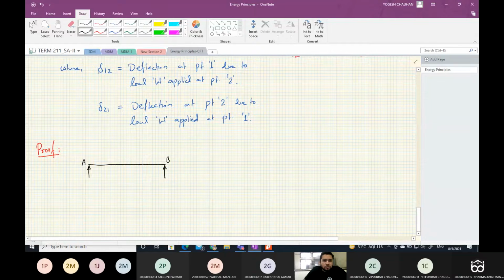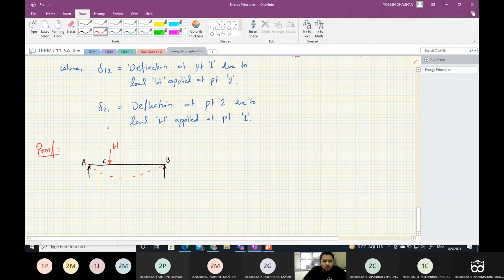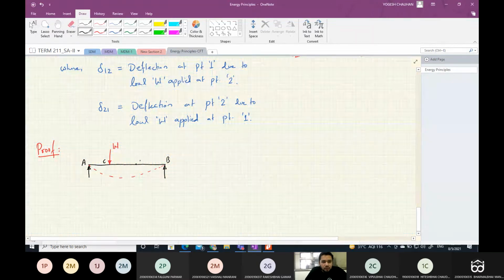Now let it be subjected to some load W, and let this point be C. So due to the application of this load, let the deflected shape of this beam be like this. Consider a point D on the beam.